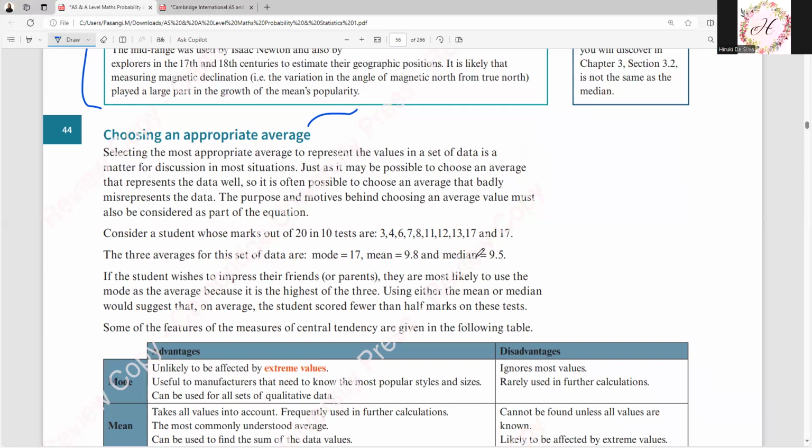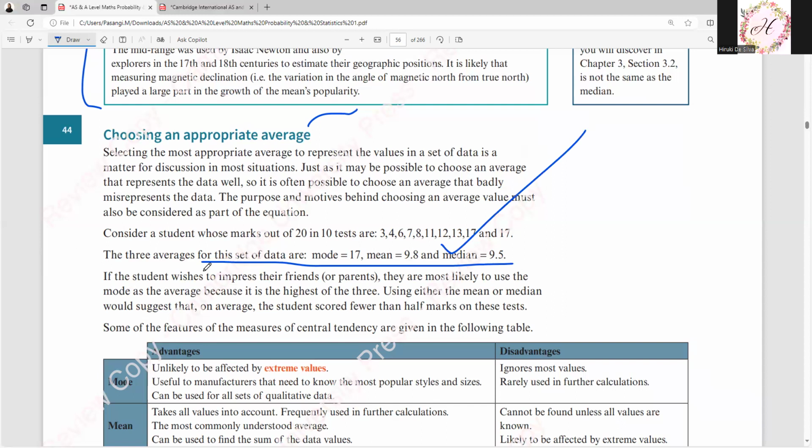For the median, the data is already ordered. With 20 values, it is 20 plus 1 divided by 2, that means 21 divided by 2, which is 10.5. So you have to add the 10th value and the 11th value together and divide by 2. That's how we normally calculate it. These are all the methods for that.